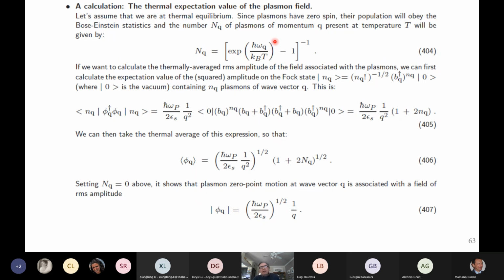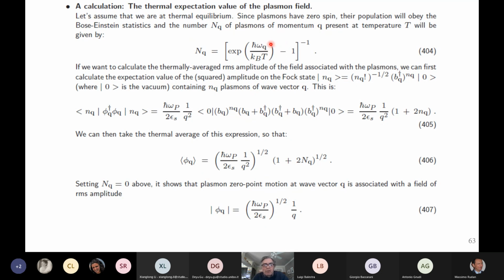So let's assume that I want to know the electrostatic potential which is associated with one plasmon. We can do exactly the same calculation with photons for the electromagnetic field associated with one photon, and we can do the same thing for the displacement of an ion due to one phonon.